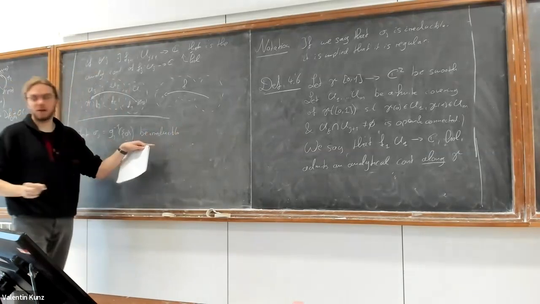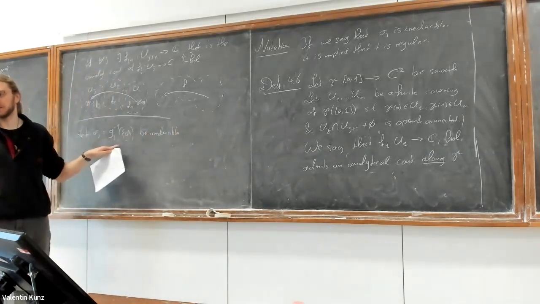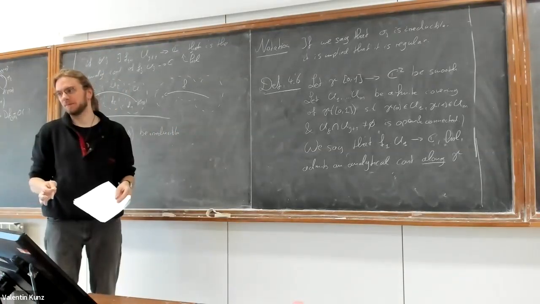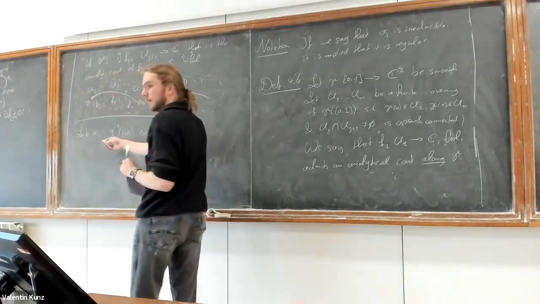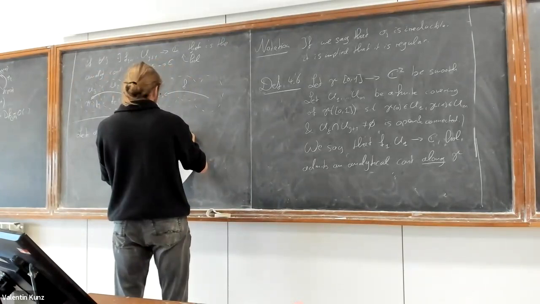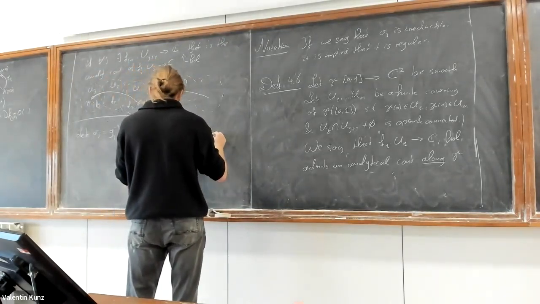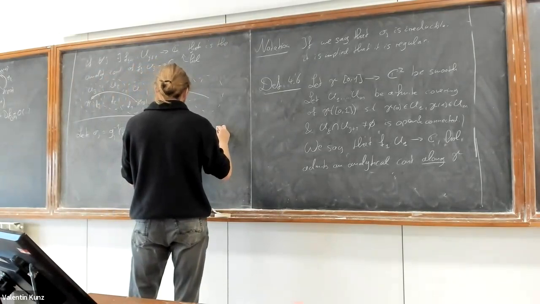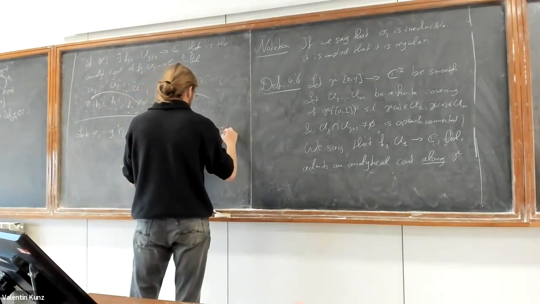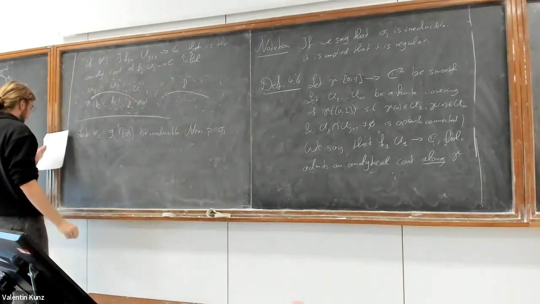Irreducible. As a reminder, by irreducible I always mean that it's also regular. So let this be irreducible. What we do now is choose very nice coordinates, and not just a similarity.